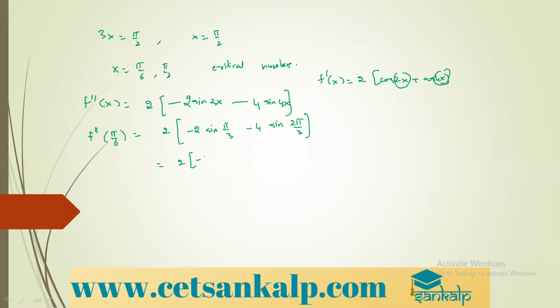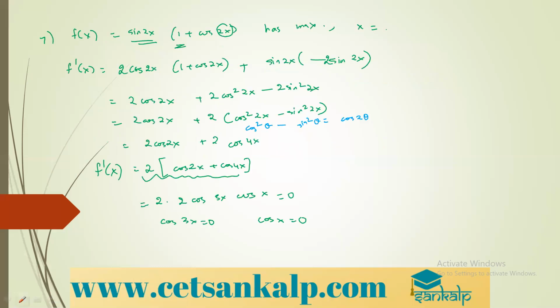So 2 into minus 2 into sine 60, which is root 3 by 2, minus 4 into sine 2 pi by 3, which is also root 3 by 2. So easily you can see you're getting a negative answer. That means the curve will be concave down. That means you will have a maximum.